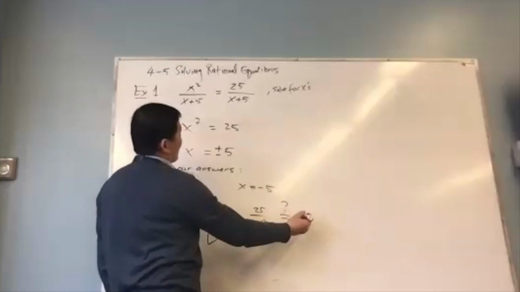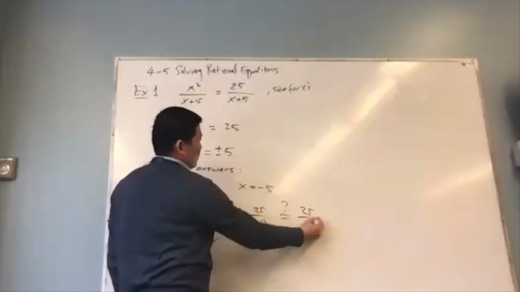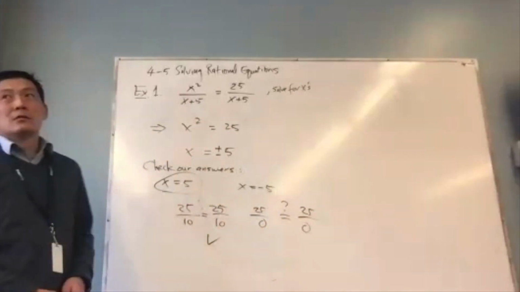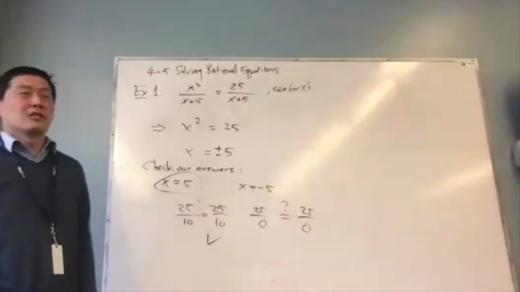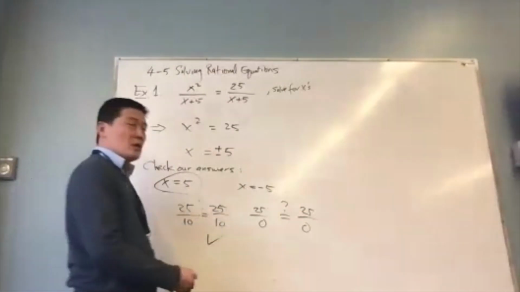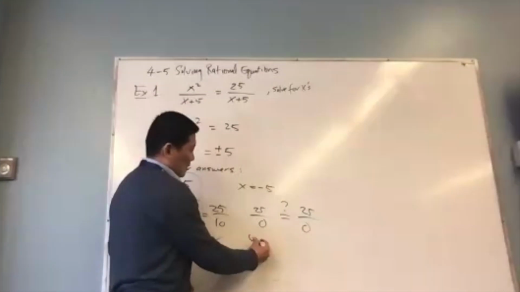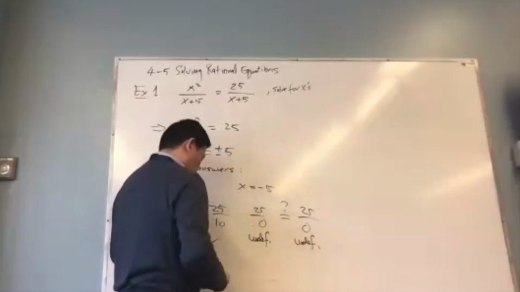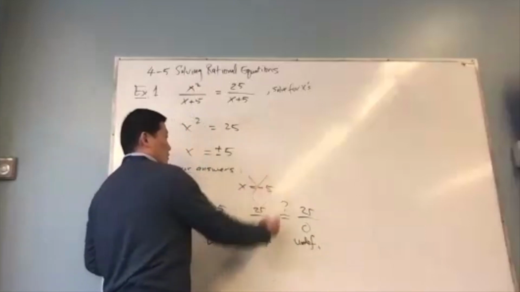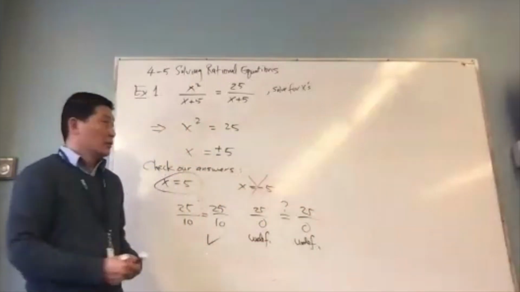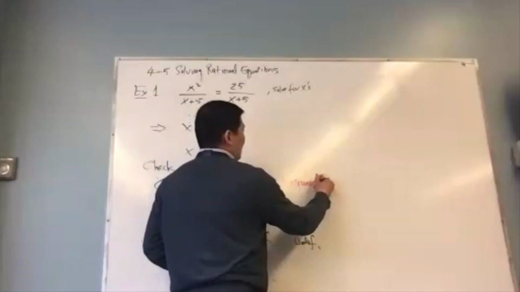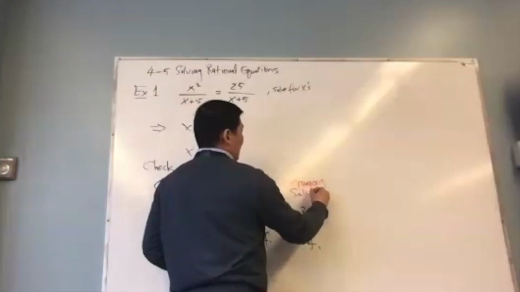Now the question is, is that equal to 25 over 0? I mean, yes and true, but then what would this be? This is undefined. So we will get rid of this. This is what we call the extraneous solution.